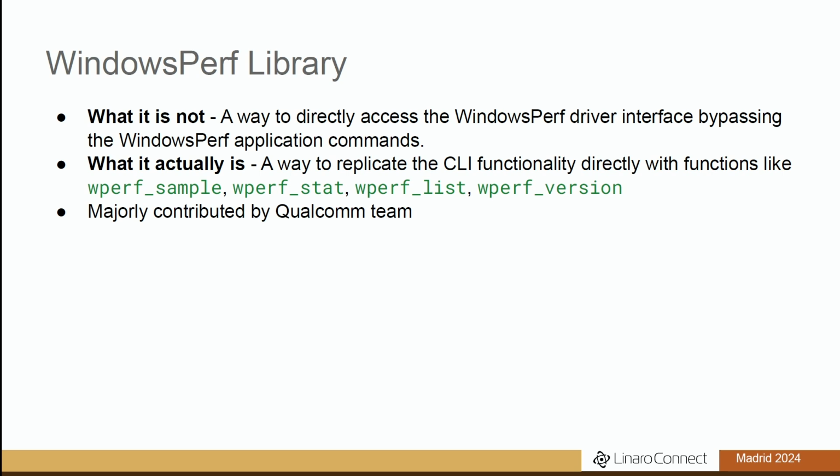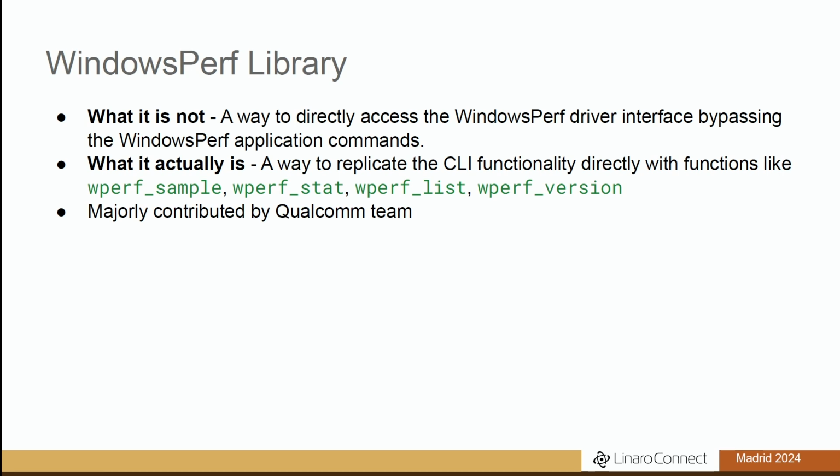Okay, so the WindowsPerf library, I think the most important thing to understand is what it is not. A lot of people, when we say WindowsPerf library, think that it's a very low-level library that you can access the counters and the PMU and everything very easily from C. This is not the case. The WindowsPerf library is just a wrapper of the WindowsPerf application command line. So you just have the same commands.